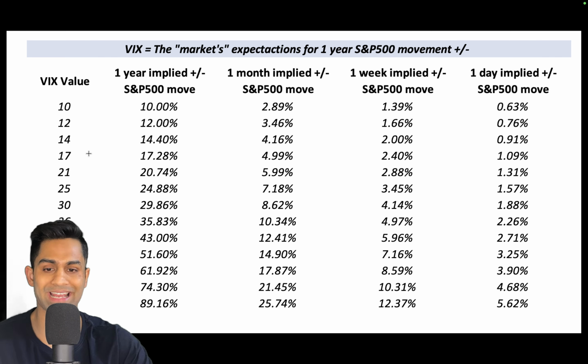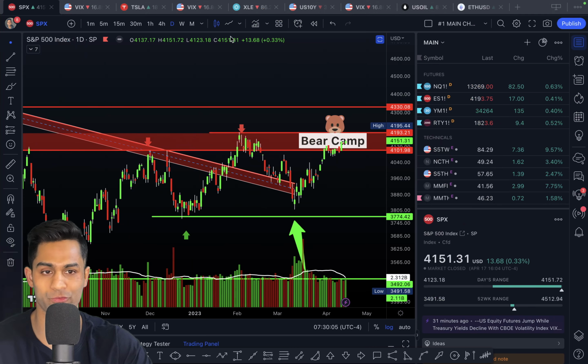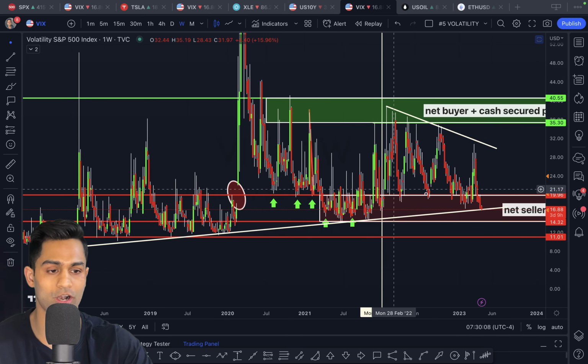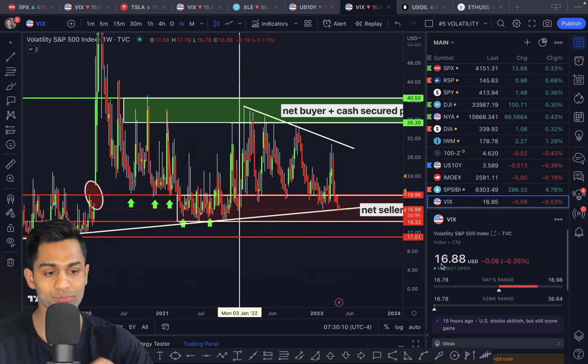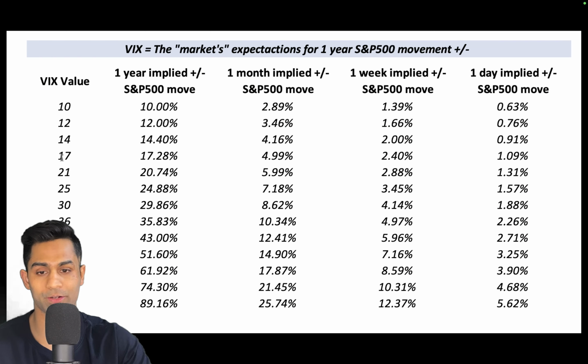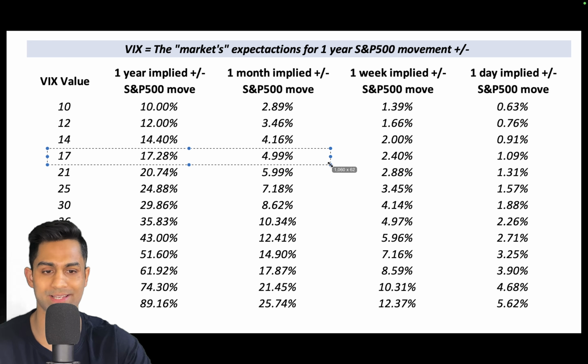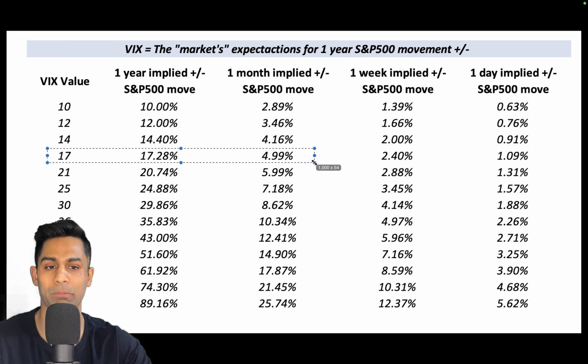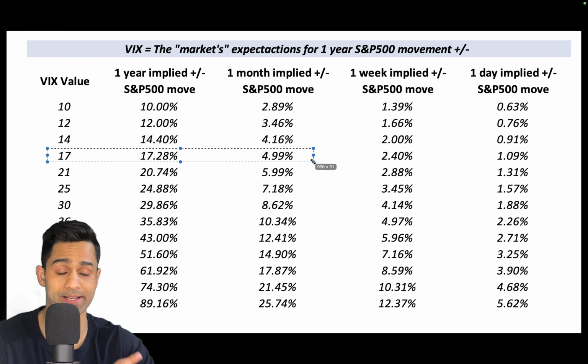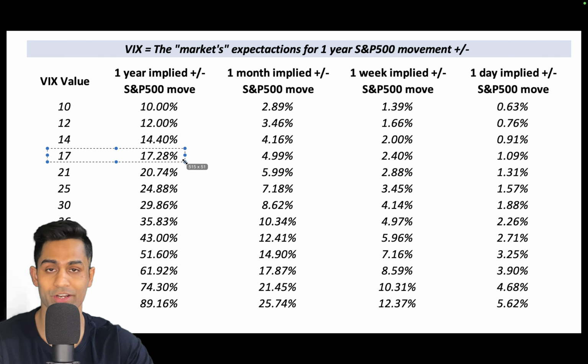So right now we're trading at 17 VIX. If you come over to volatility, at this moment we are trading at 16.88, a little bit under 17. At a 17 VIX value, the market's implied move is plus or minus almost 5% in a given 30 days, in a given month, and 17% over the next 1 year.